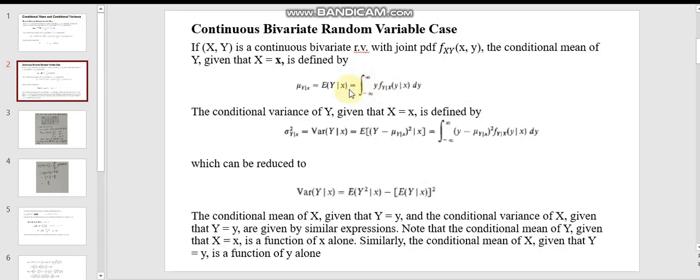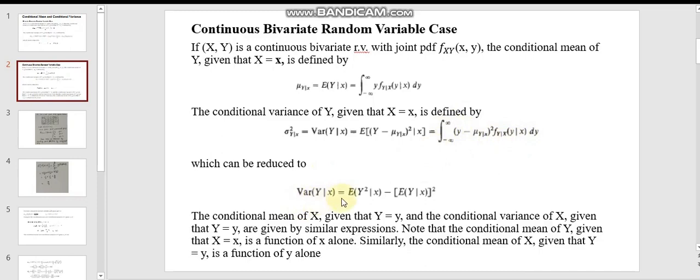So if we want to find the conditional expected value of X given Y, then we will replace here y with x, variable X, and similarly we will replace the conditional PDF of Y with the conditional PDF of X given Y. Now the conditional variance of random variable Y given X is defined as the variance of Y given X is equal to the expected value of Y minus conditional mean of Y, whole square, given X. So it is a continuous case, therefore we'll take the product of y minus conditional mean of Y into the conditional PDF of Y given X, then we will integrate from minus infinity to infinity.